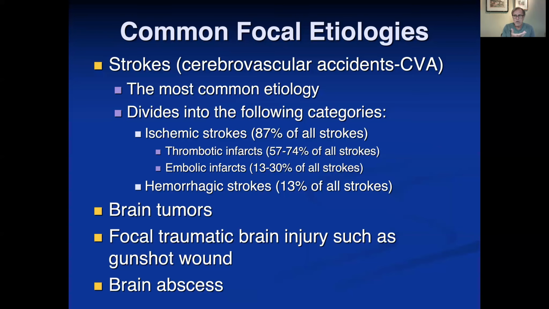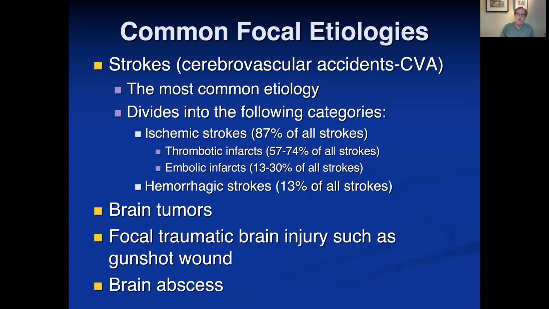And one of the favorite locations for that to form is right there at the bifurcation of the common carotid. And there will start to be a buildup of what we could call plaque, which narrows the lumen, the inside circumference of the vessel, to the point where not enough blood is getting through, and you end up with ischemia, which is the condition involving deprivation of blood supply, and finally a completed stroke if that deprivation goes on very long.